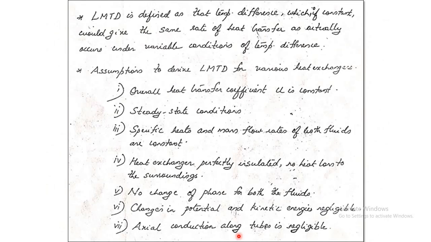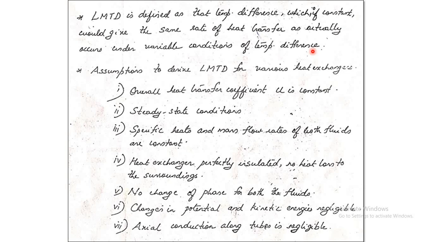So let me define LMTD again. LMTD or theta m is defined as a temperature difference which, if constant, would give the same rate of heat transfer as actually occurs under variable conditions of temperature difference.